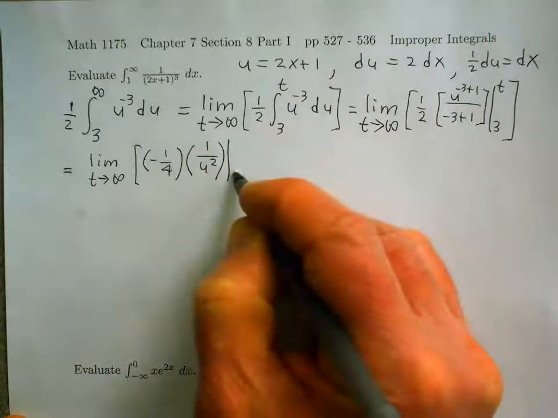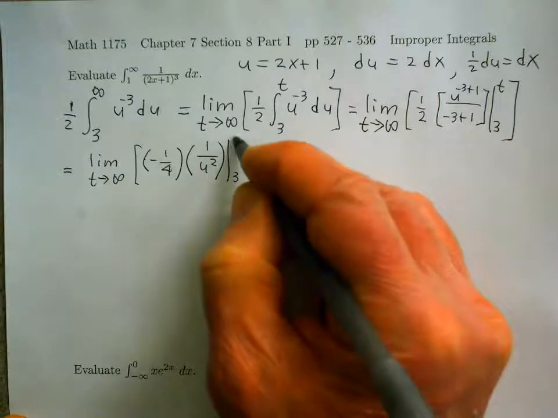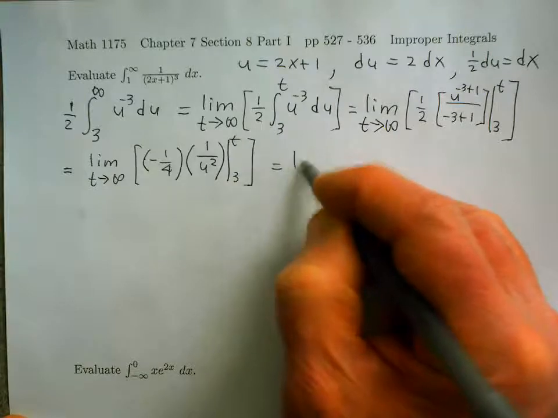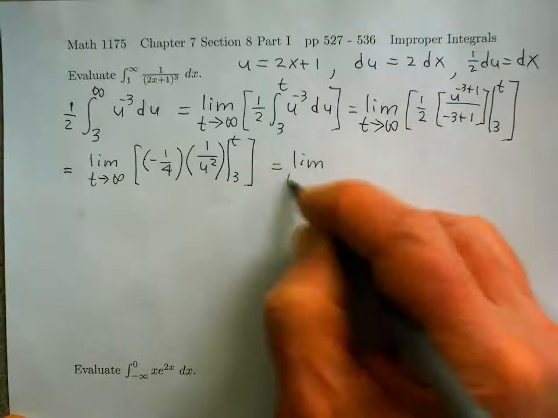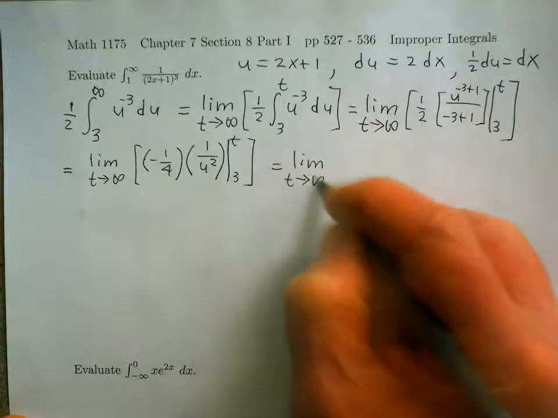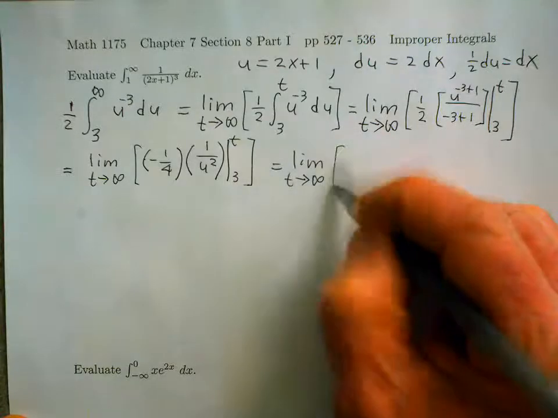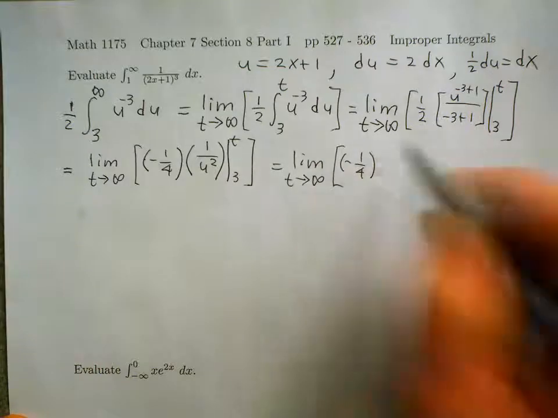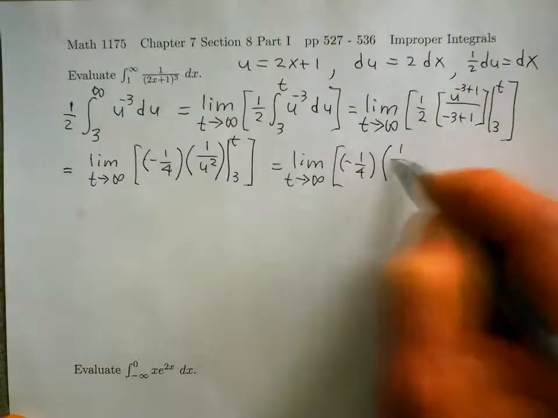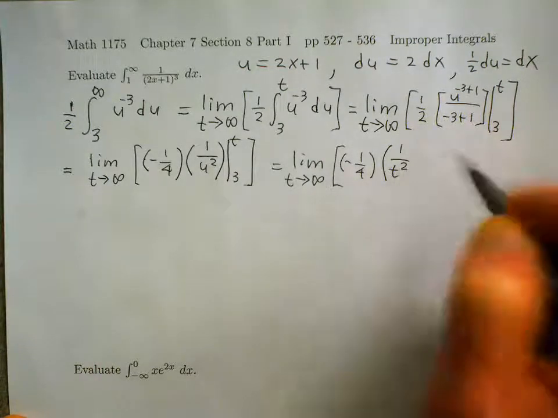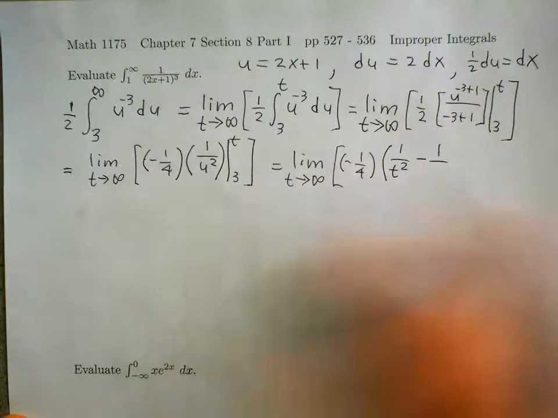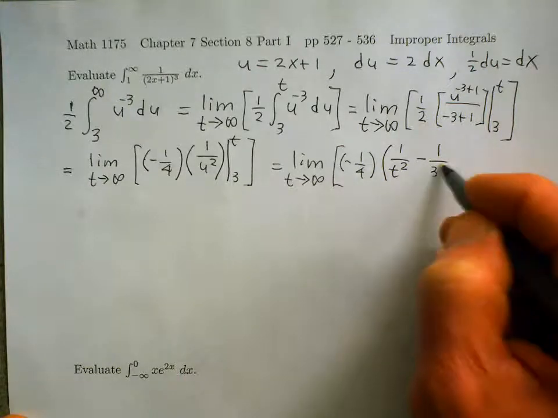And then we'll evaluate that from 3 to t. Negative 1/4 times the quantity 1 over t to the second minus 1 over 3 to the second.